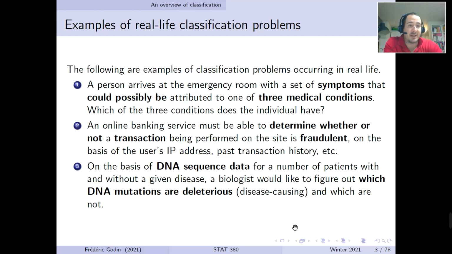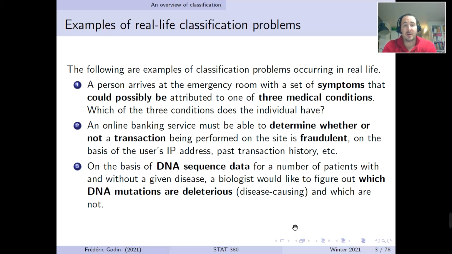So classification problems are not only theoretical. There are many real-life problems which can be phrased or expressed as classification problems. Here I give a few examples, but of course there are a plethora of other problems that are classification problems in practice.